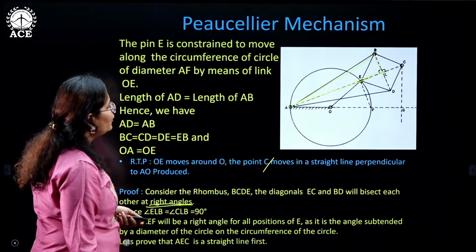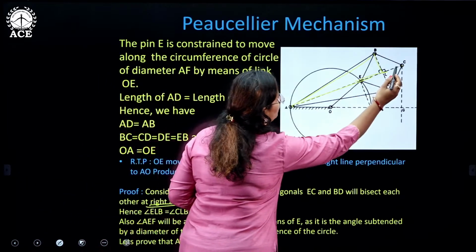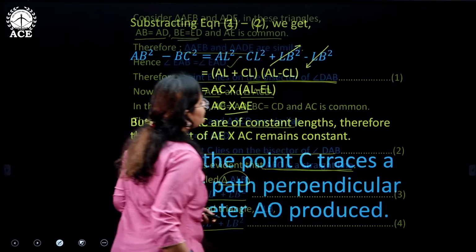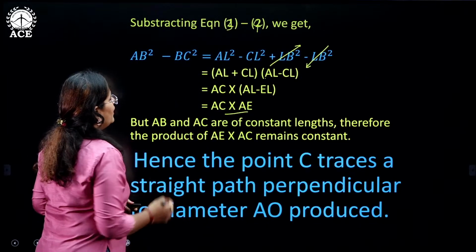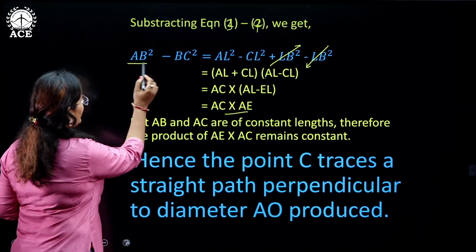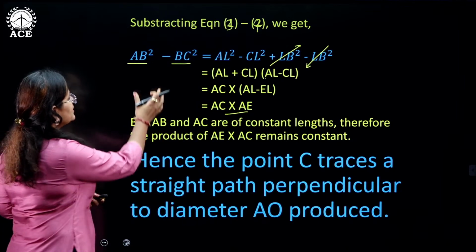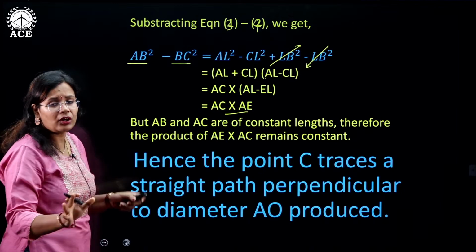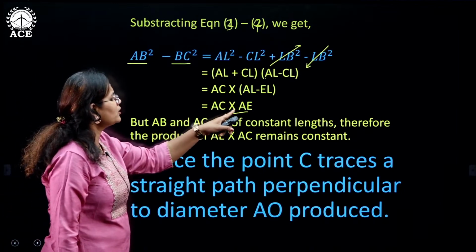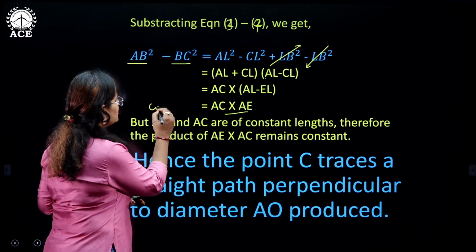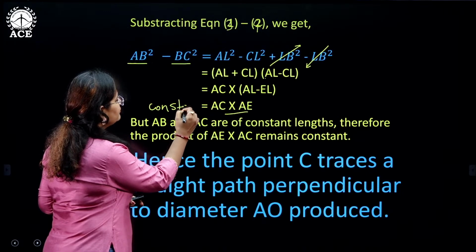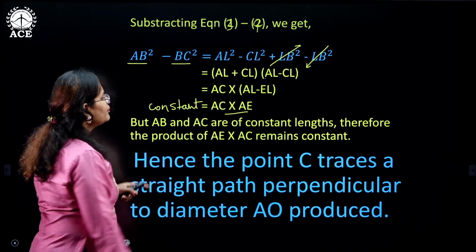So let us see how it is. AC into AE. But length of AB and length of BC are fixed lengths. So when these two are fixed, they are constant. So can I say the product of these two also is some constant?